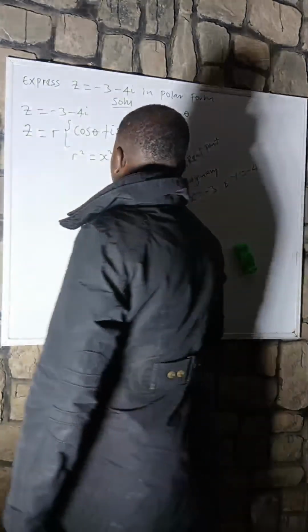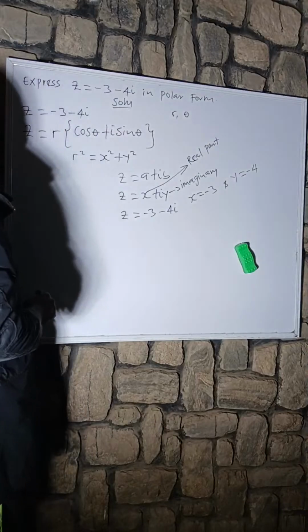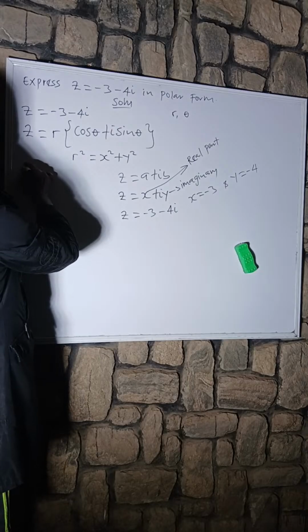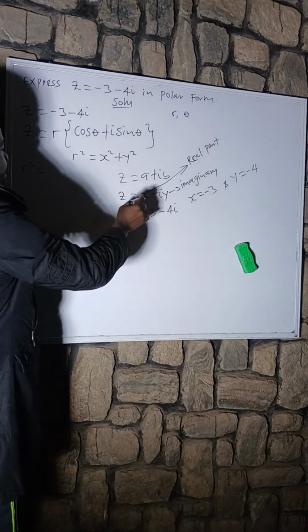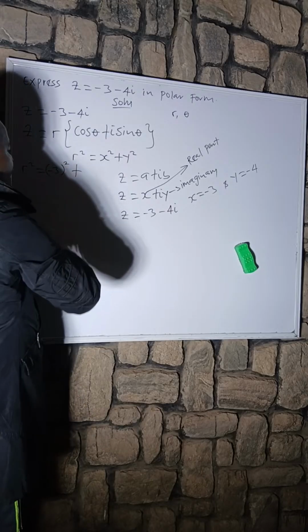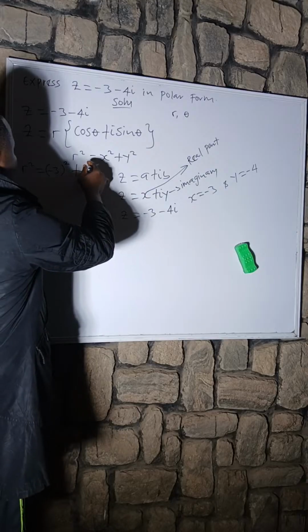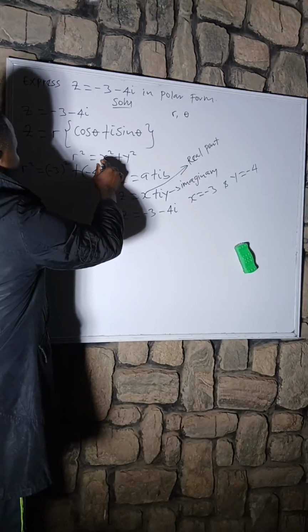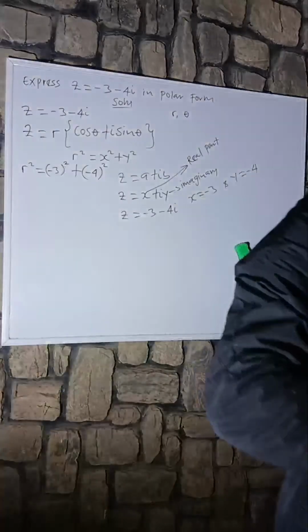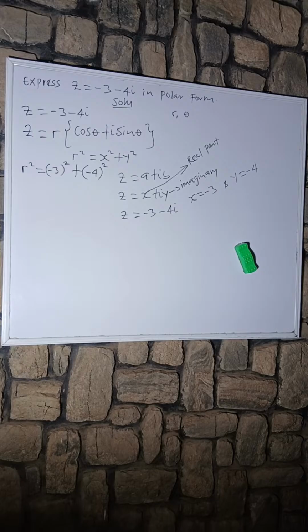As you can see now, for us to obtain our r is simple as ABC. It means r squared is equal to x, which is minus 3 all in square, then y, which is minus 4 all in square. Can you see what I am saying now? It is not difficult.